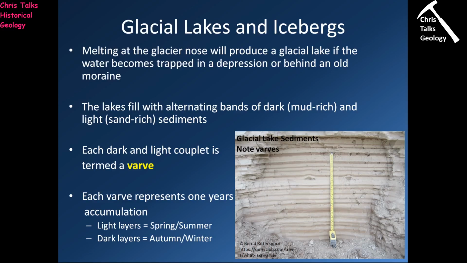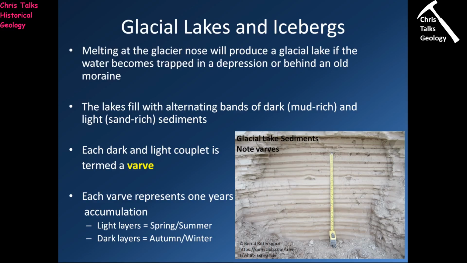The dark sediments are more mud-rich, the light sediments are more sand-rich. These light-dark couplets are referred to as varves, and they're a classic indicator that what we're looking at is a lake system, and they are very, very common in lakes associated with glacial systems.